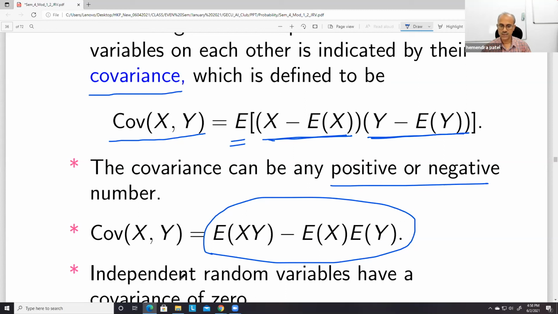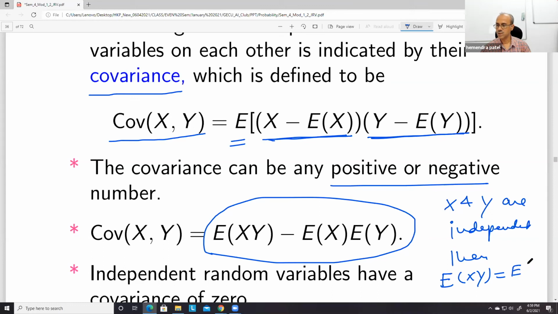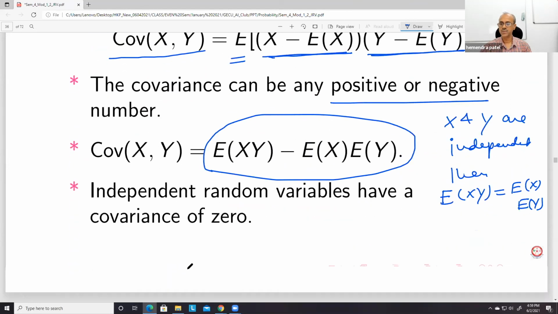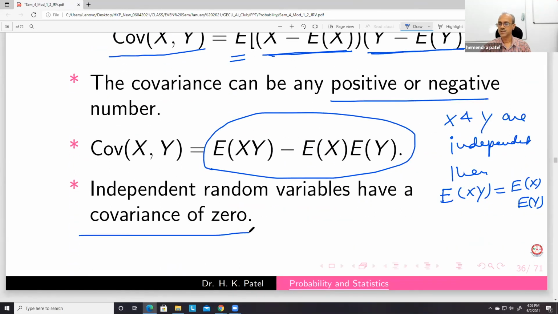And therefore, the next result says, if x and y are independent, then we have E(xy) is equal to Ex into Ey, and from there the value becomes 0. So independent random variables have covariance of 0.